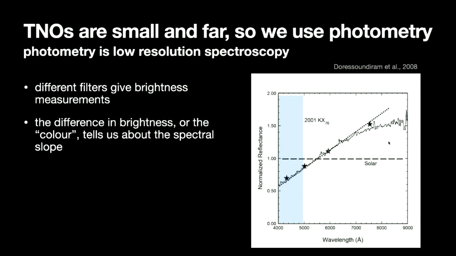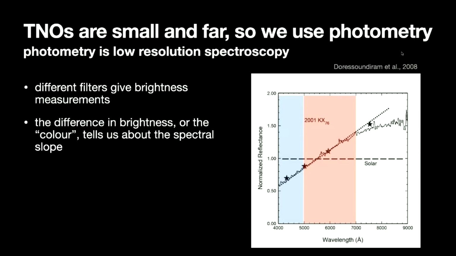We have a filter in the B band, which covers 4,000 to 5,000 angstroms, and then if you take another image of the object in the R band, which is 5,000 to 7,000, it'll cover this wavelength range. So it's going to be brighter in this filter than this filter. If you subtract these two numbers, you'll get an idea of what this slope looks like. That's what color in astronomy means.